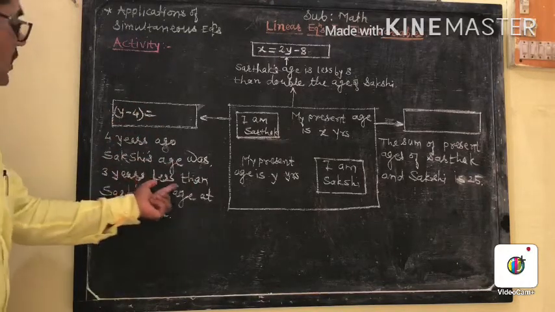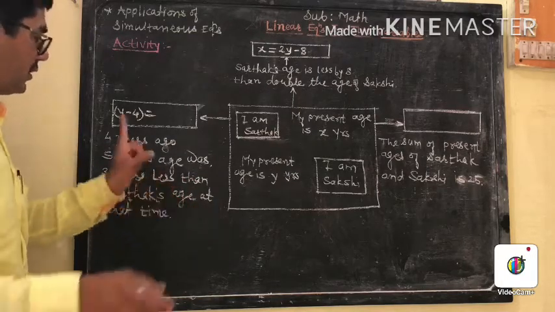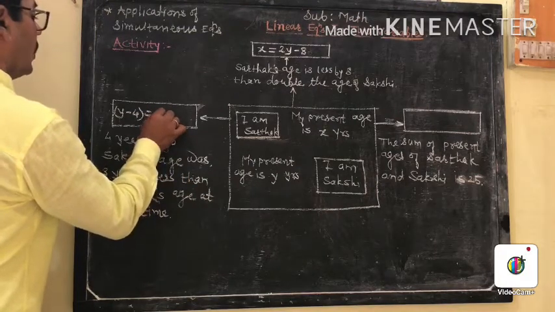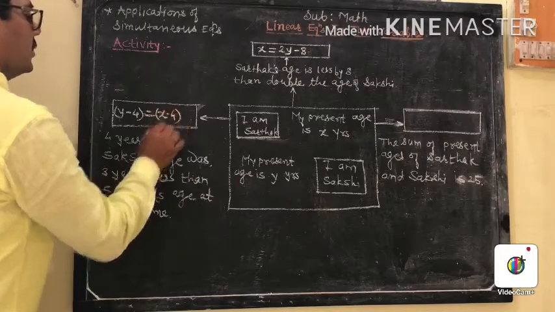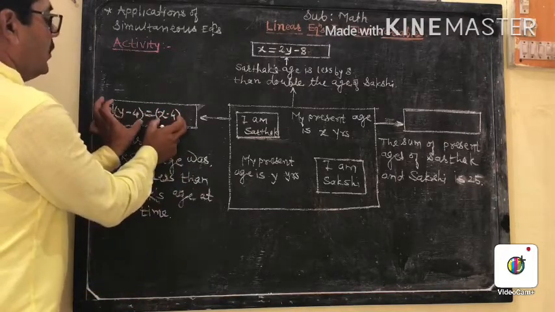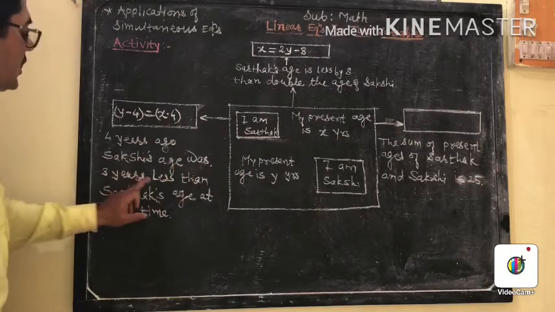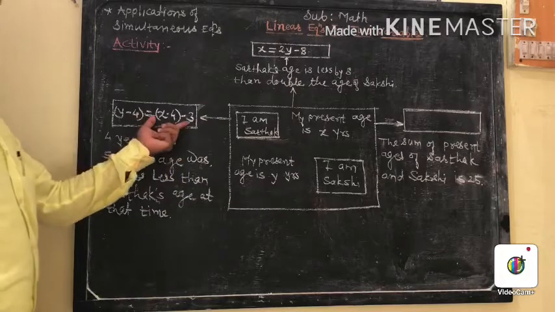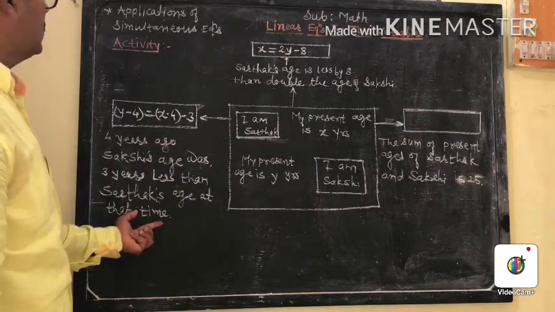It was 3 years less than Sarthak's age at that time, and at that time Sarthak's age was X minus 4. When we form the equality, Sakshi's age was 3 years less, minus 3. This is the equation formed by this condition.